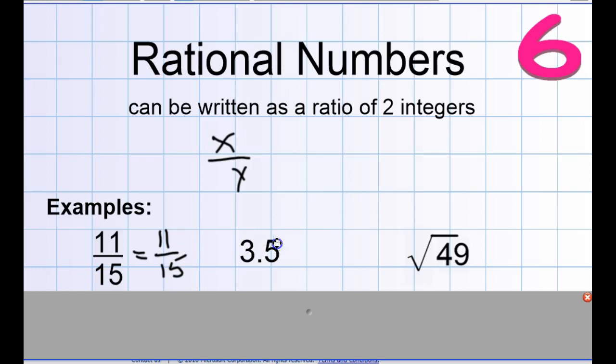Here we have 3.5. So that half could give us or make a 2 down there. So 3.5 then would be 7 over 2. That's our ratio, 7 over 2. Here, the square root of 49 is 7. And a whole number written as a ratio is 7 over 1.